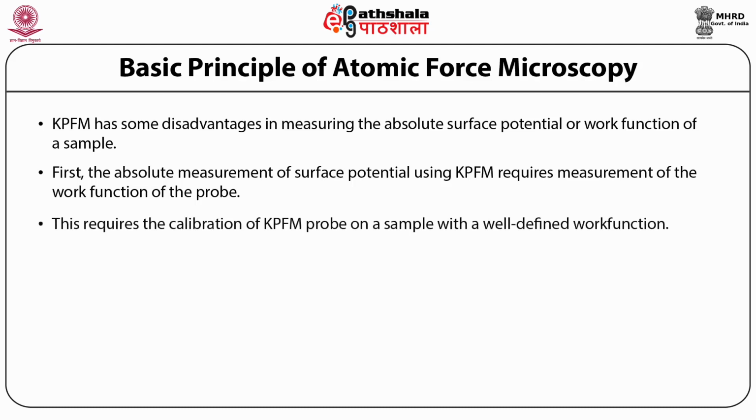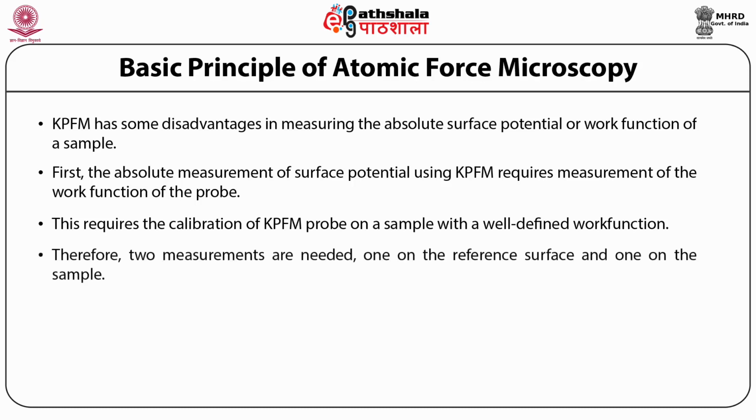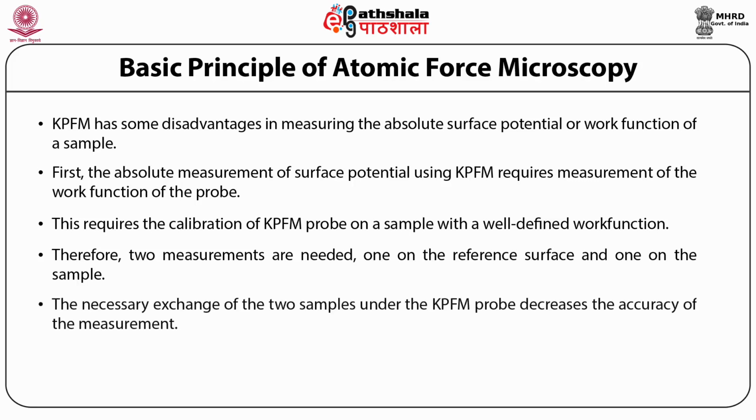This requires the calibration of KPFM probe on a sample with a well-defined work function. Therefore, two measurements are needed, one on the reference surface and the other one on the sample. The necessary exchange of two samples under the KPFM probe decreases the accuracy of the measurement.